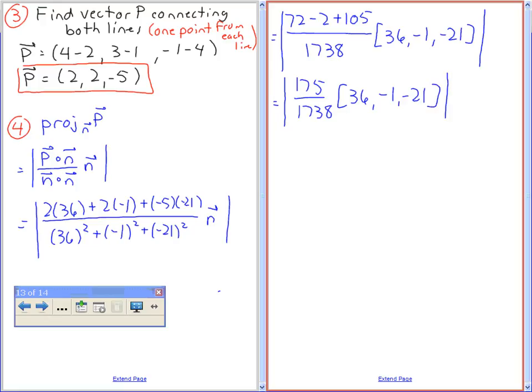This is 175 and 1738. Break down. Hope those are divisible by 3 by any chance? No.